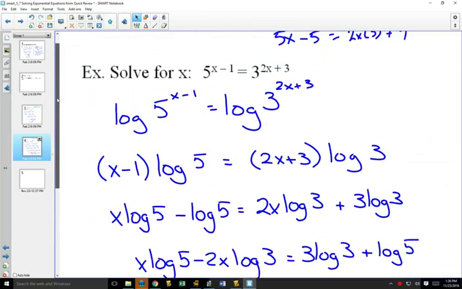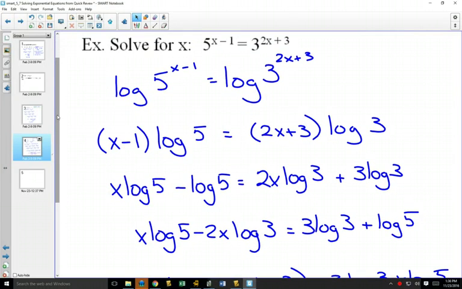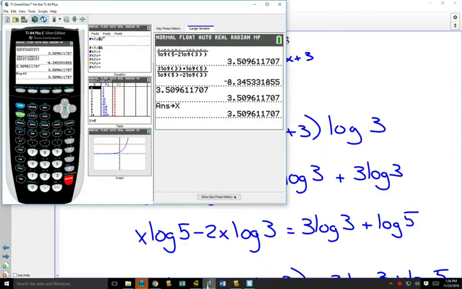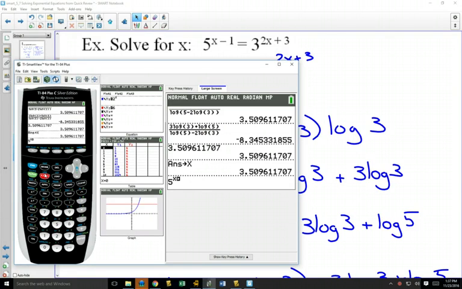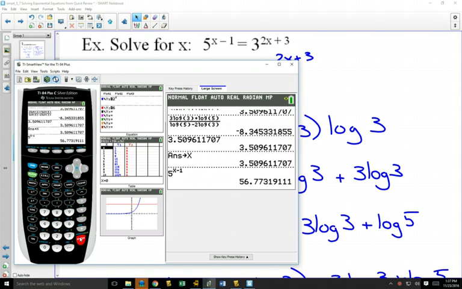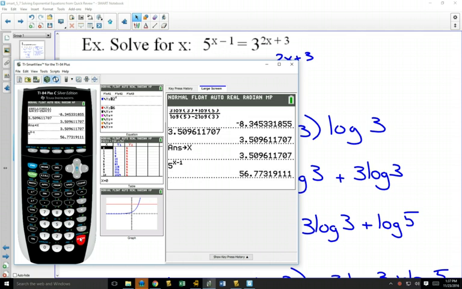We go to our original question, which is 5 to the power x minus 1 equals 3 to the power 2x plus 3. So when I type in the left side, I go 5 to the power x minus 1. Oops. I type that in. I get 56.77.